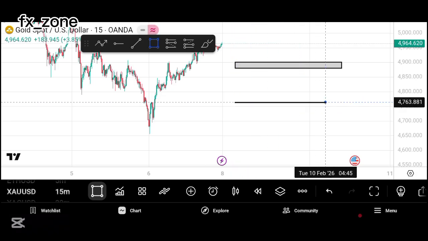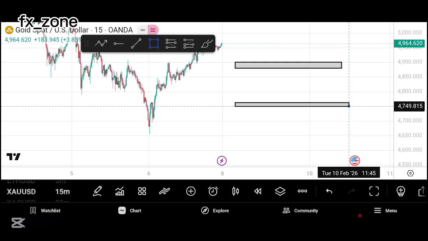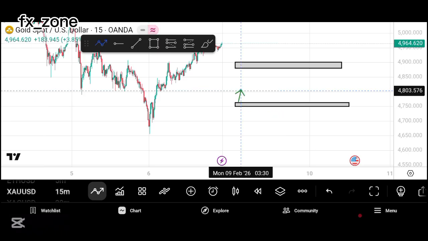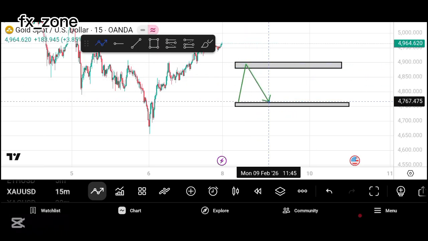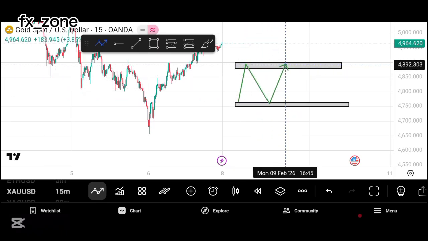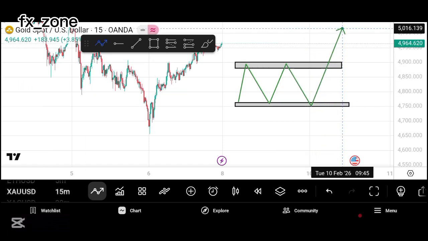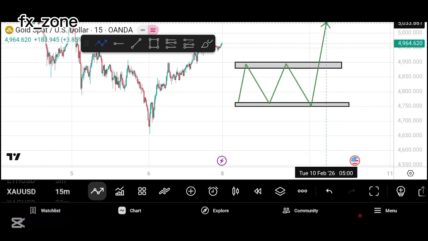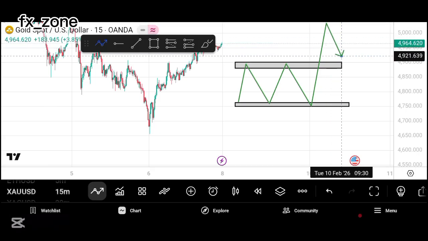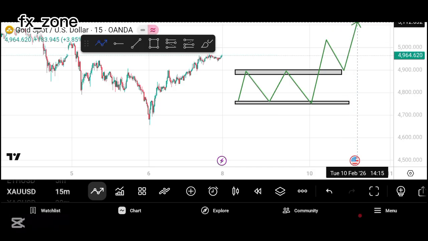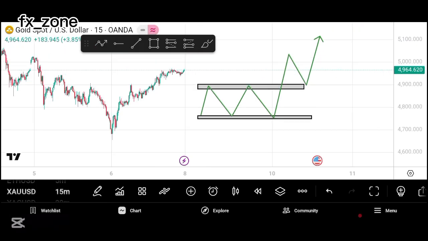So if we have a ranging market like this, the market went up and then it was resisted back to our support and went back again and came down again, and then finally we have a break to the upside, and then the market is coming back to retest on this resistance that is now a support. Right now, what are we going to do talking about the trend line?